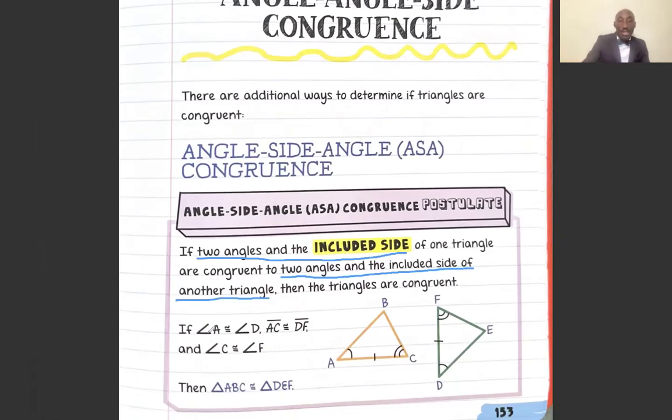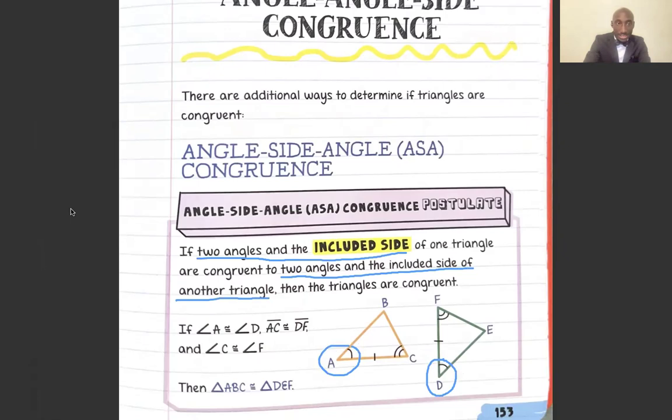So if angle A is congruent to angle D, right, angle A, angle D, we know this because they both have one arc. The arc shows congruency for angles. And then it says line segment or side AC is congruent to side DF, right?